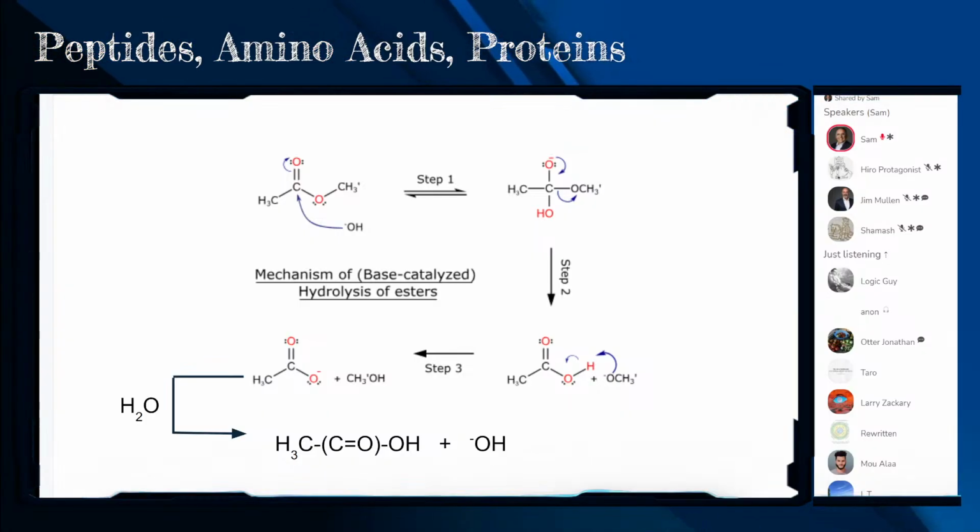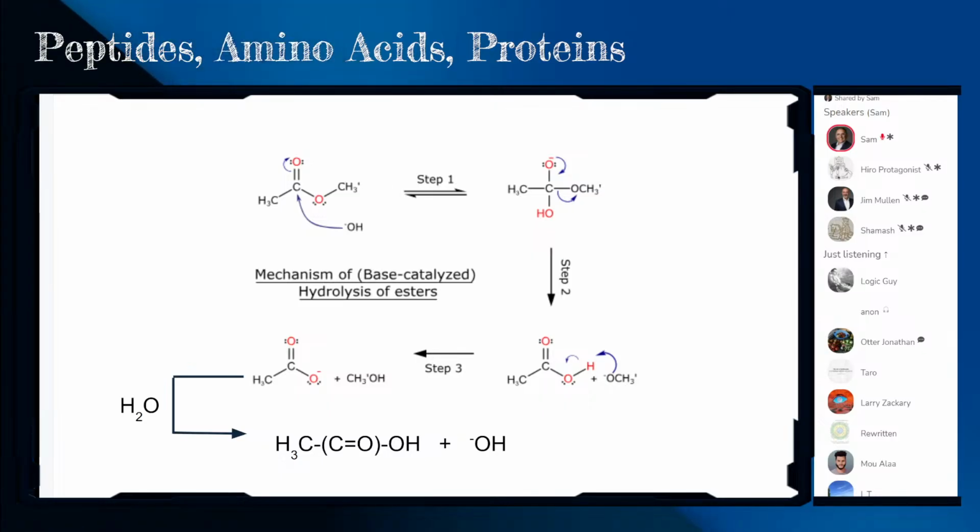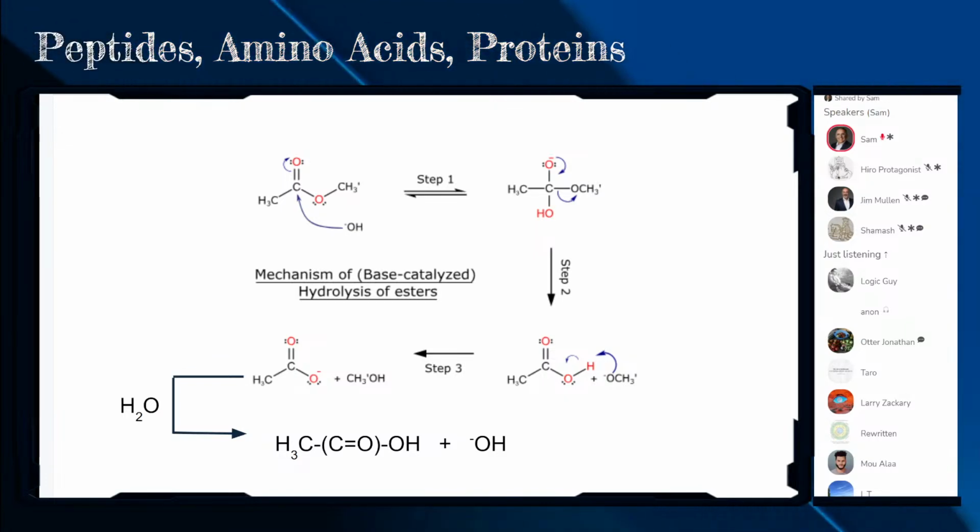So the middle carbon now has 4 single bonds to 4 different substituents. Then in step 2, the electron pair on the oxygen pushes out the OCH3 and forms a C double bond O.